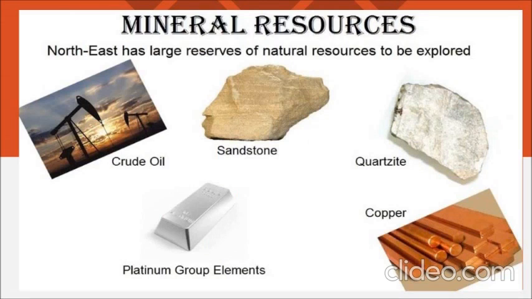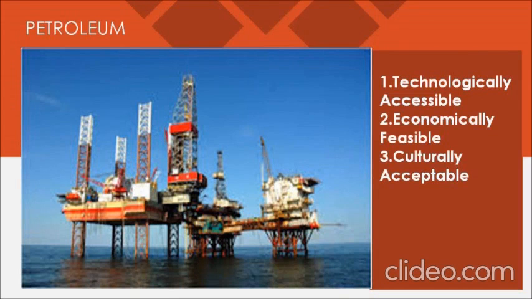So let's see one example, a very common and very easy example which I have taken, that is petroleum. It is one of the earth's most in-demand resources, which is also known as oil.